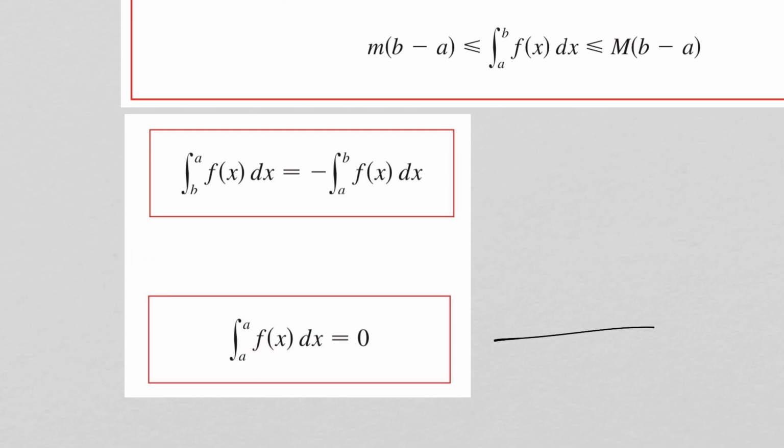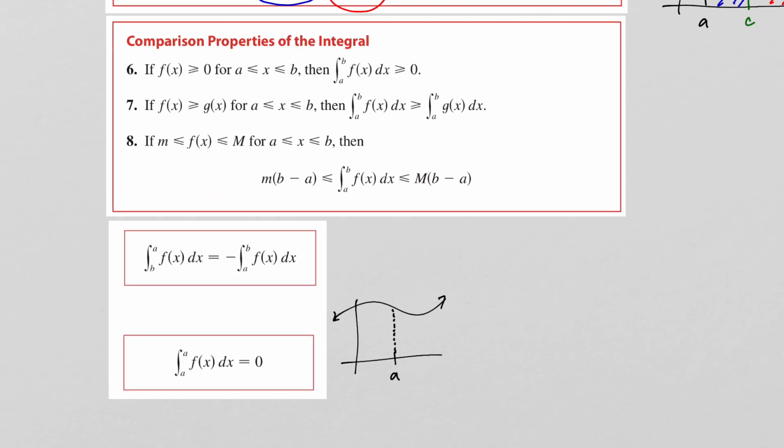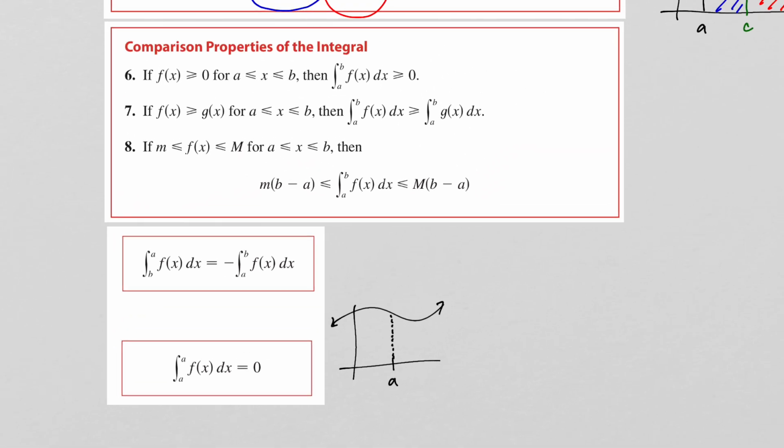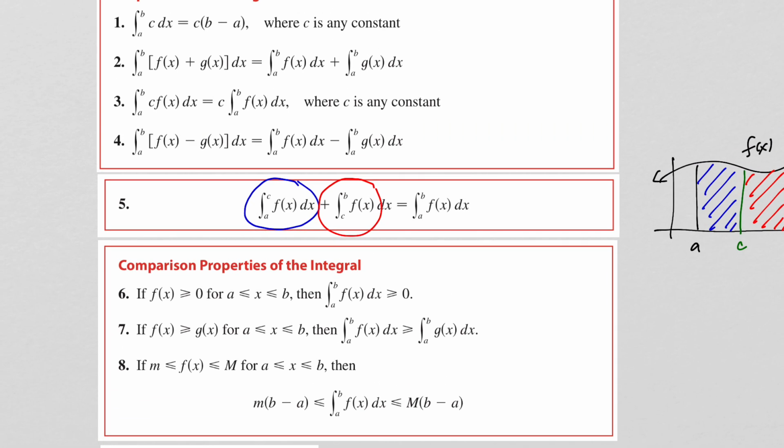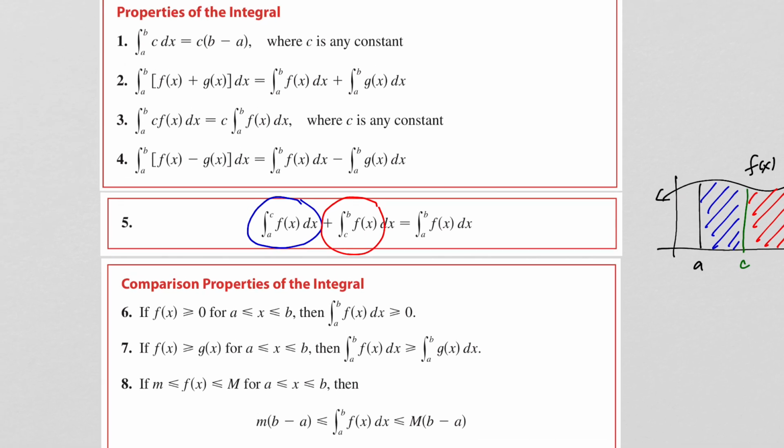And yes, that is because if you have a function and you integrate from a to a, you are simply finding the area under a single point. And there is no area under a single point. So again, we'll talk more about these properties in future sections, but they are worth stating just for the time being.